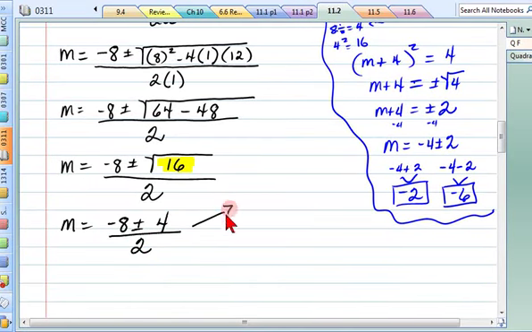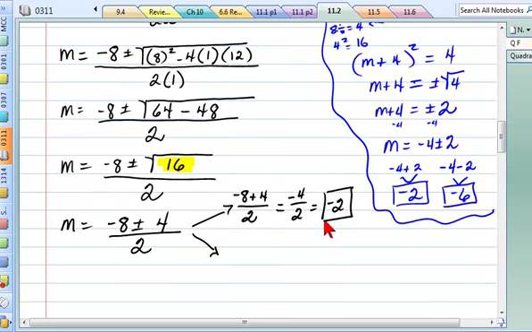And now, because those are rational, I need to come up with my two answers. One of them, I have negative 8 plus 4 over 2. Negative 8 plus 4 is negative 4 over 2, which is negative 2. That's one of my answers.